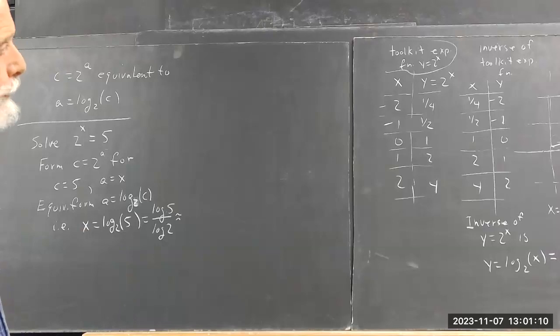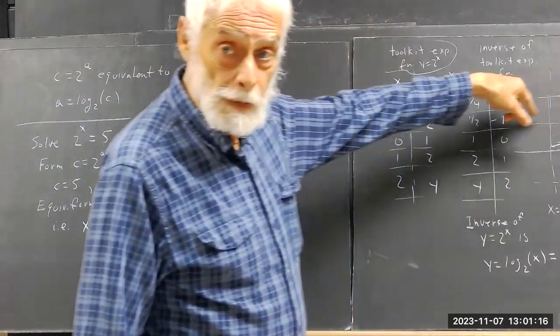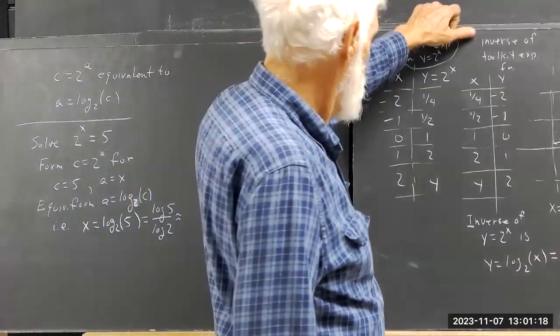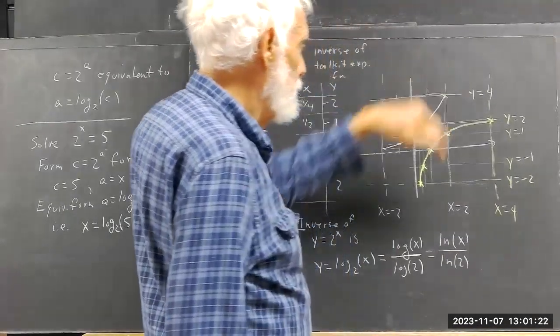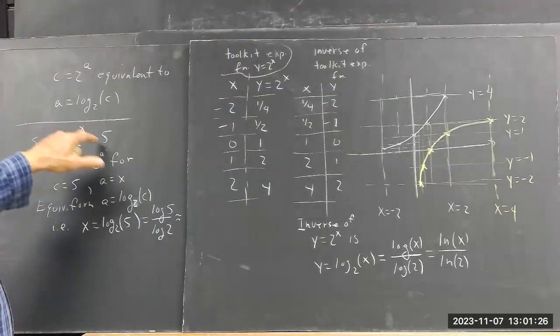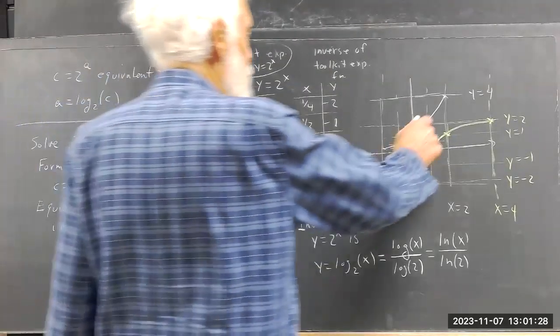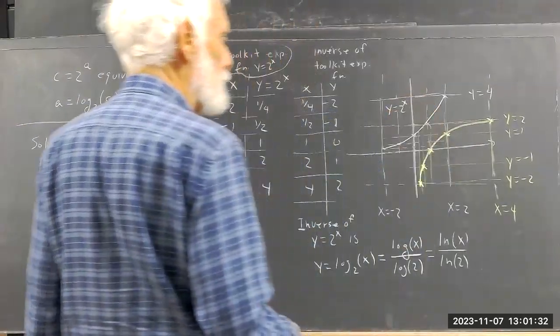Well, let's just estimate this. Here's our graph of the exponential function, and we want to estimate the solution to the equation 2 to the x equals 5. This function is y equals 2 to the x.